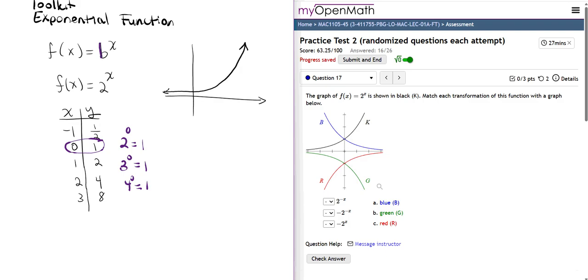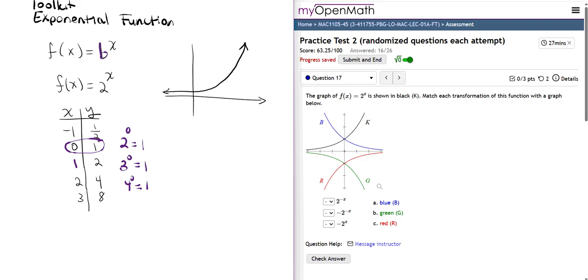And you're also always going to have 1 comma your base. So if my base was 3, this point would be 1 comma 3. If my base was 4, it would be 1 comma 4. And so 1 comma the base is another key point.